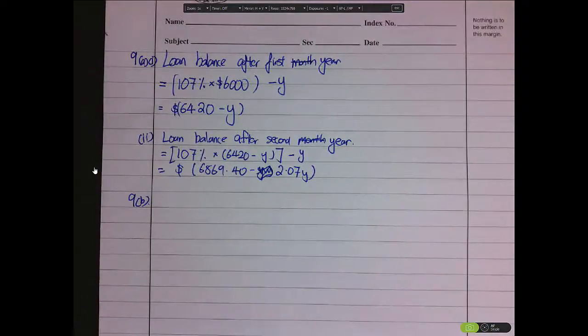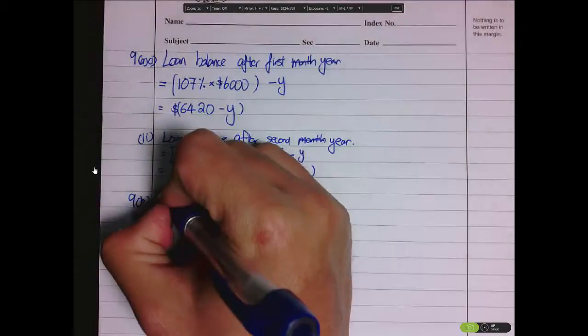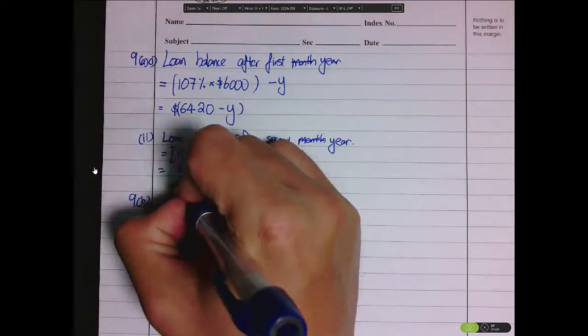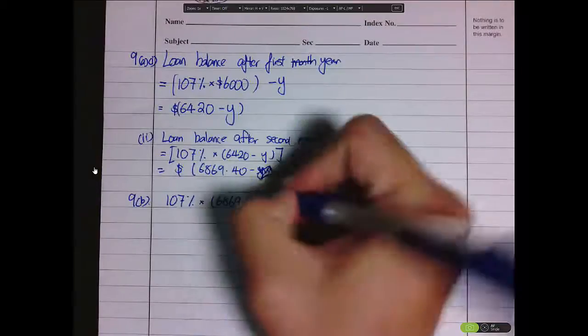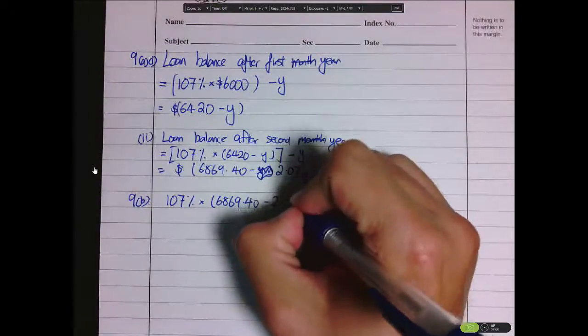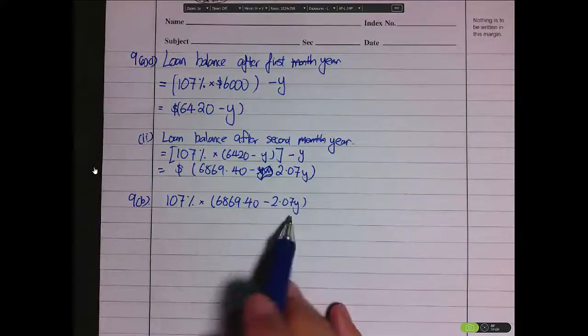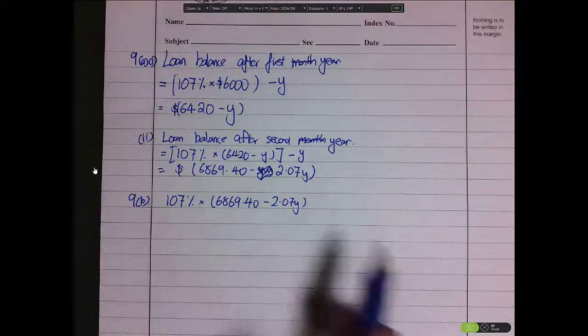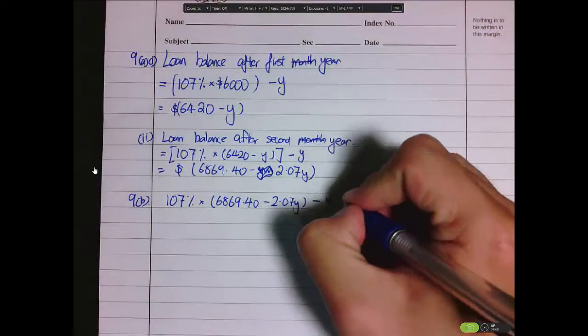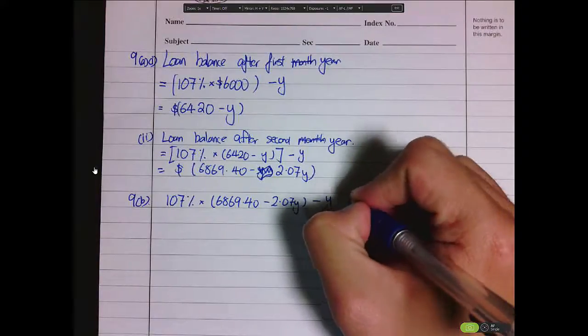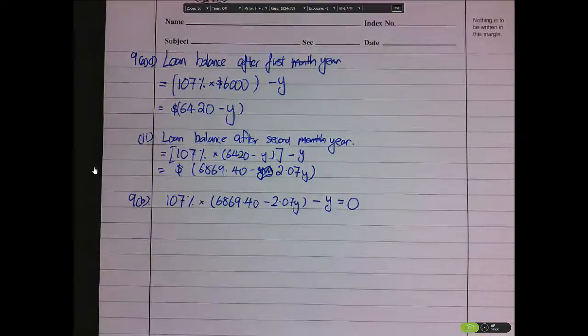9B, they say that the third annual repayment means that he'll pay back everything already. So what happens is this, again, I will take 107% of the new amount, 6869.40 minus 2.07Y. Same thing, 100% of this plus 7% of this. Then if I pay back my last repayment minus Y, it will be $0, because he will pay 3 equal payments.